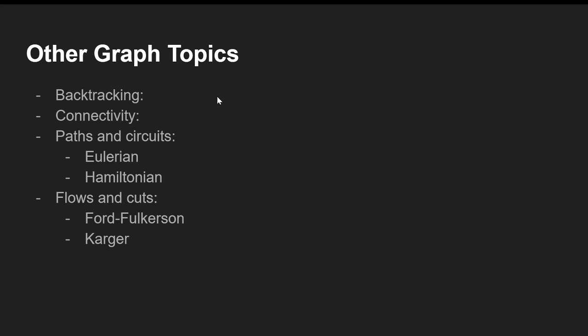Just to let you know the depth that this is at, there are backtracking types of questions. There are questions about connectivity, so if two points are connected, they might ask you that. There are paths and circuits, and flows and cuts. Paths and circuits are similar to applications with real-world things like actual circuits.